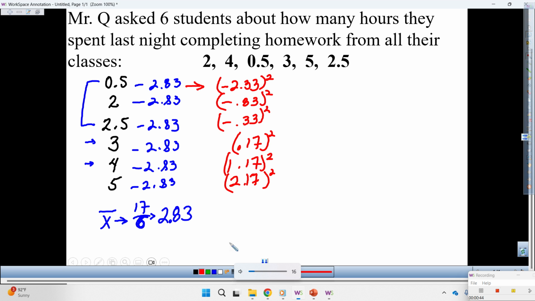All right, help me with some of those. Let's see. Lucas, what is 2.33 squared? 5.4. Enrique, 0.83 squared. What is it? 0.68. Have you got that? Looks about right. Continue.